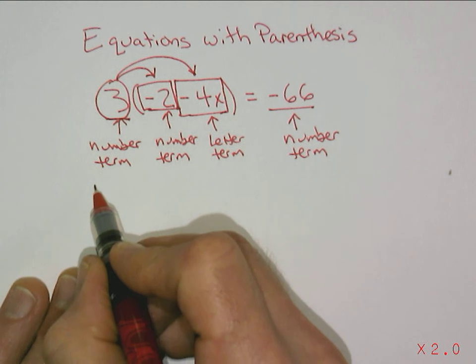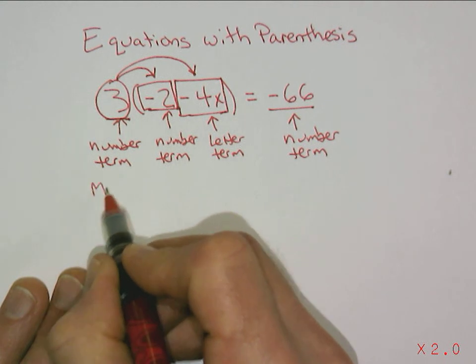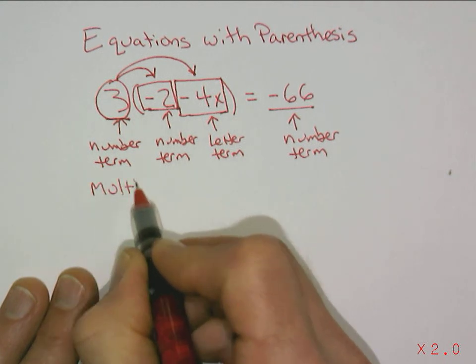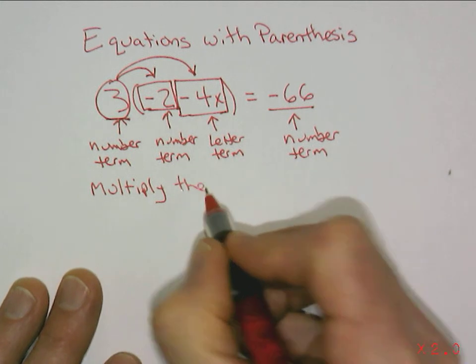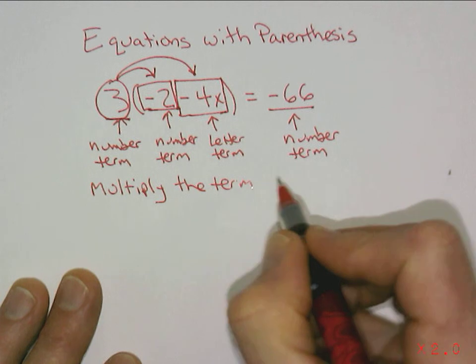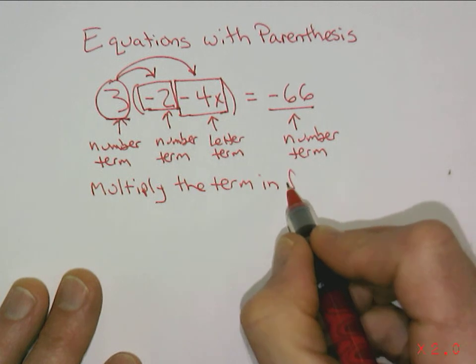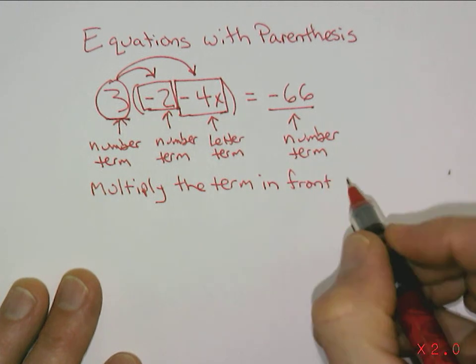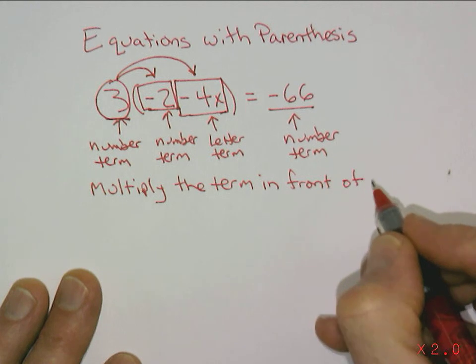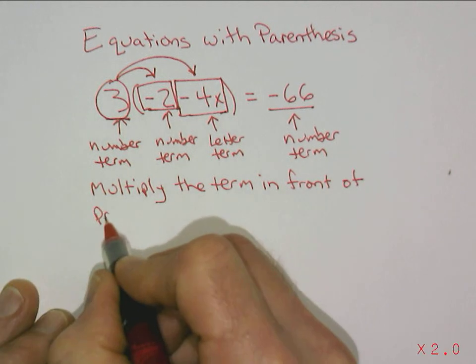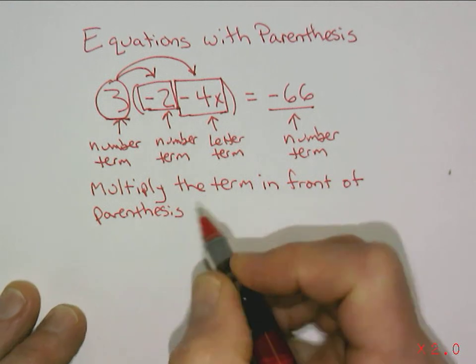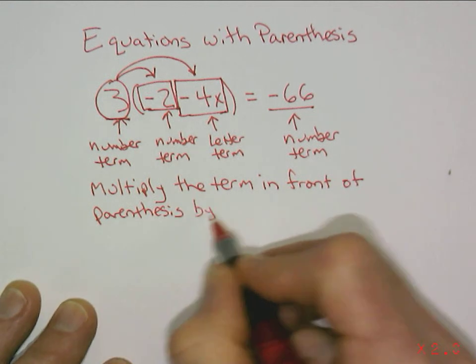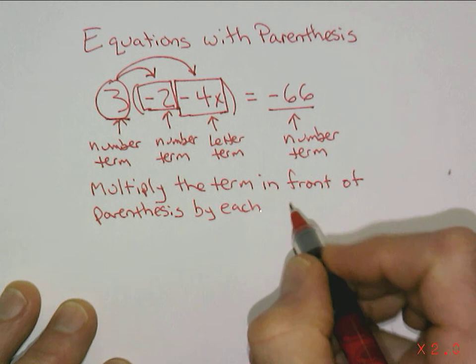So I'm going to write this procedure out here. What we're going to do is multiply whatever the term is in front of the parentheses by each term inside the parentheses.